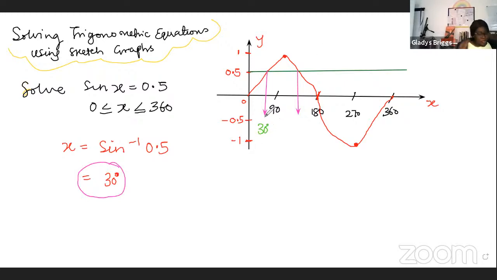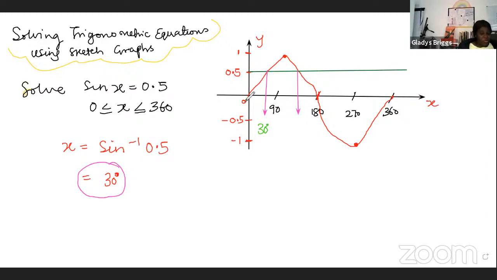Don't worry about what you sketched, yeah? Now, you know that there's another solution here. If that's 30, then this other solution here must be equal to 180 minus 30, yeah? 180 minus 30 will give you the next solution.